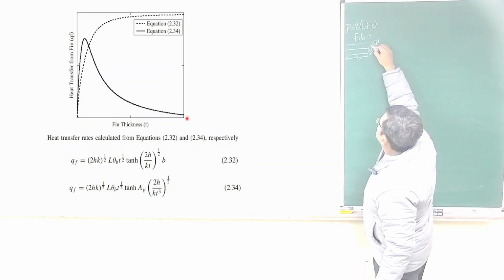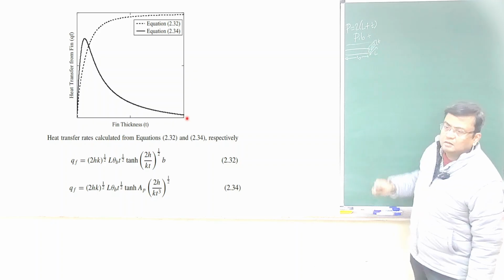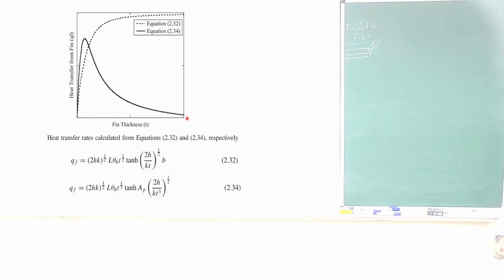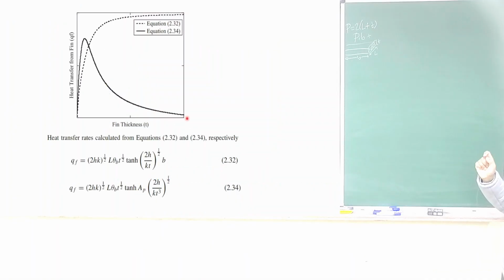Plus this thing. So if you're increasing thickness, you're increasing perimeter, so this area is going to increase, and then you are likely to get more heat transfer. Okay. But it increases very fast for small fin thickness, and then it tapers off. Okay, it doesn't increase much when the fin thickness is a little larger. So what's the physical reasoning for that?